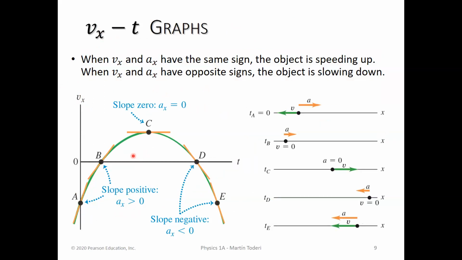But keep in mind that now velocity and acceleration can have different directions. Let's say the particle is moving towards 0 on the positive x, and the acceleration is opposite to that velocity.